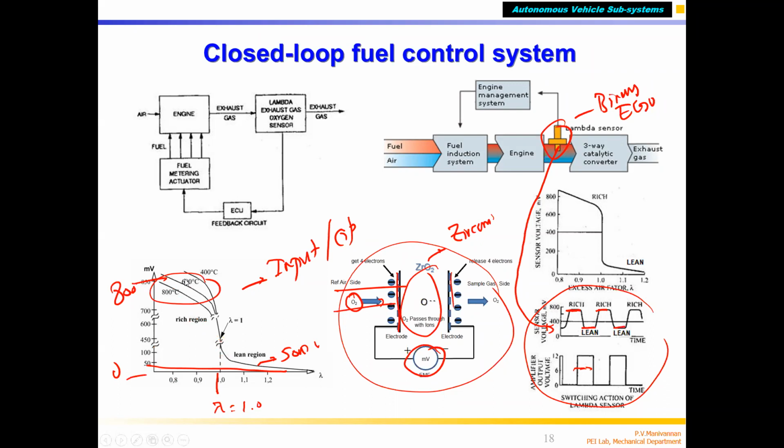So the sensor output voltage will be 800 millivolts or 0 millivolts. It is switching. When the air fuel ratio is exactly stoichiometric, it is supposed to give around 400 millivolts. But you can see the output voltage switches within a very narrow air fuel ratio band. So that's why it is called binary.